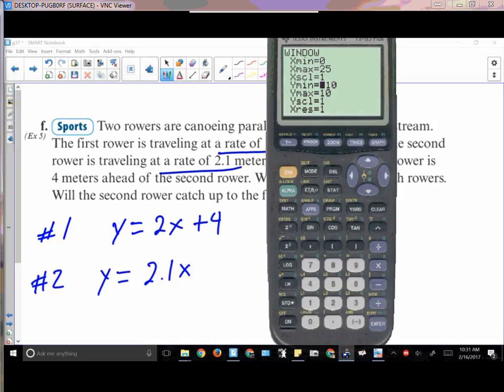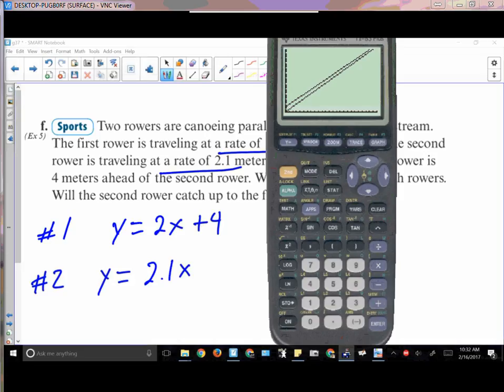Negative 10 here means, well, that's 10 back someplace else, right? So we're going to start with 0 there. And Y max is how far they're rowing, and I'm going to move that up to 50 and see what we come up with, because they are going pretty good clip. So I graph it. There's the first line. There's the second line.